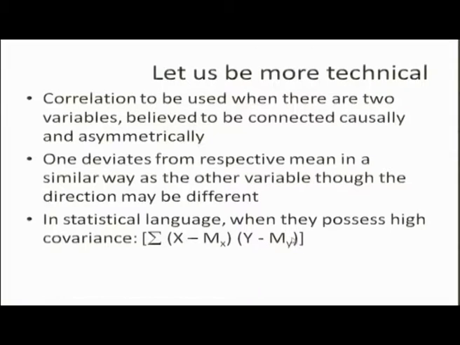Similarly, we subtract my, the mean of all y values, from the y values, multiply them and add them. Technically, sigma of (x minus mx) multiplied by (y minus my) divided by n is called covariance. But since n is a fixed number and correlation will depend on x minus mx and y minus my, I have written only that part.